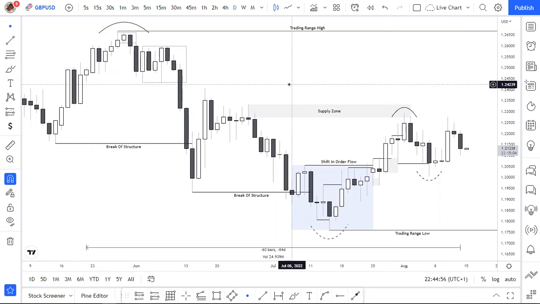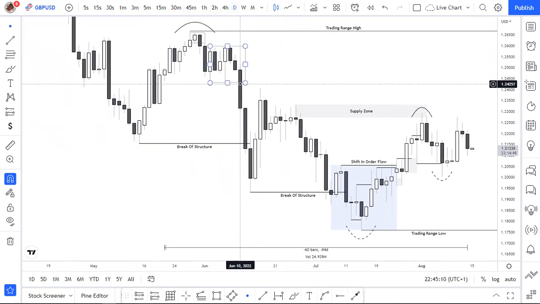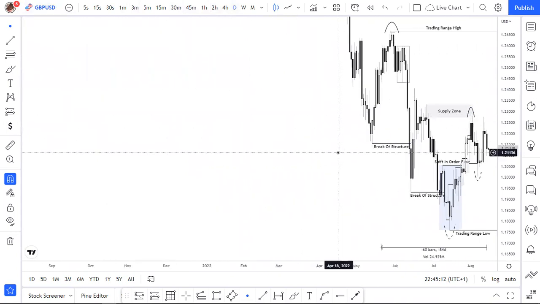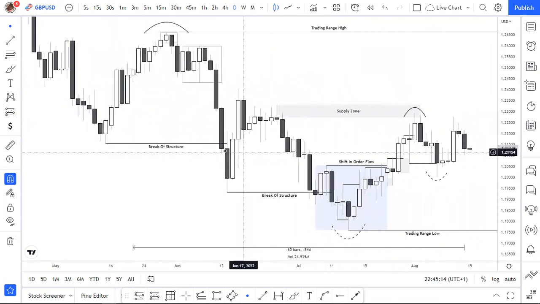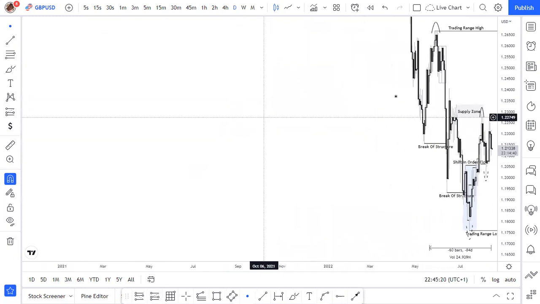So today I'll be doing the market outlook I promised to do on my last video. So this is the GBP/USD daily chart, and looking at the structure of the market, we are still very bearish.